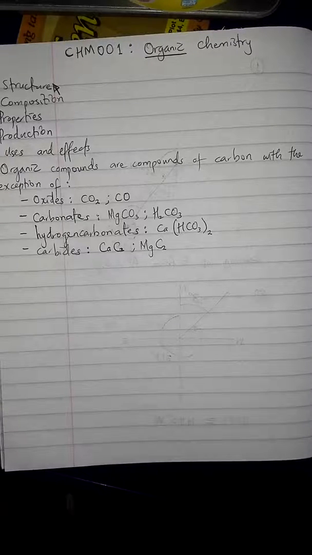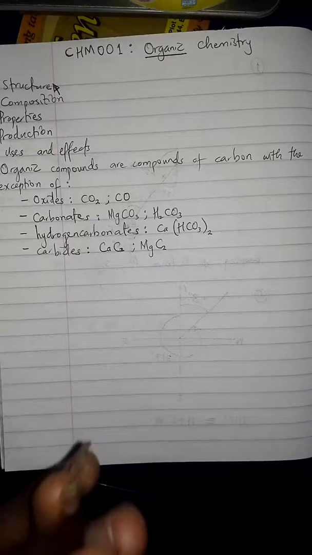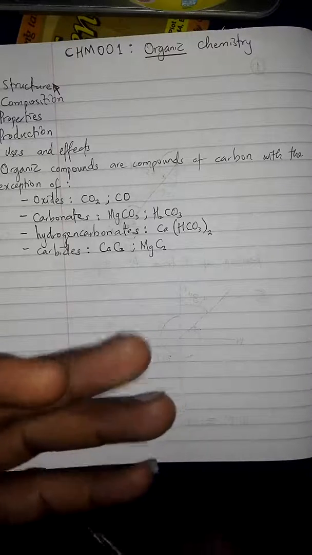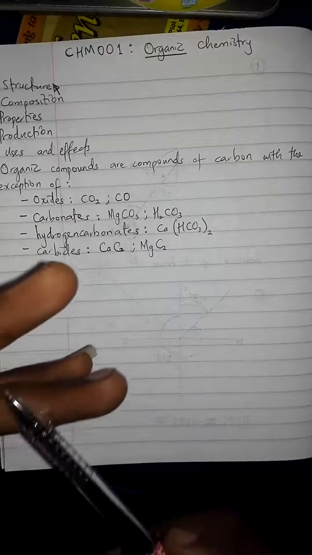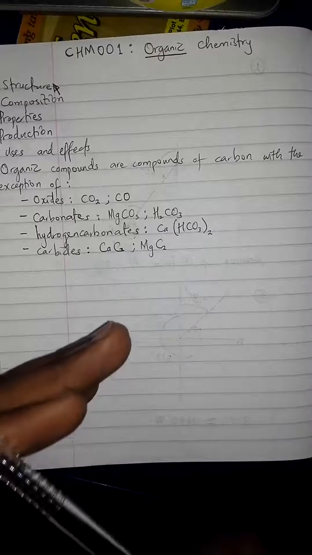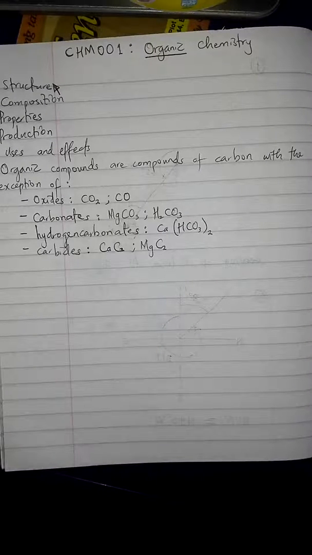They also contain other elements that form bonds with carbon atoms. You're going to be seeing hydrogen, oxygen, sulfur, silicon, nitrogen, phosphorus, and the halogens.